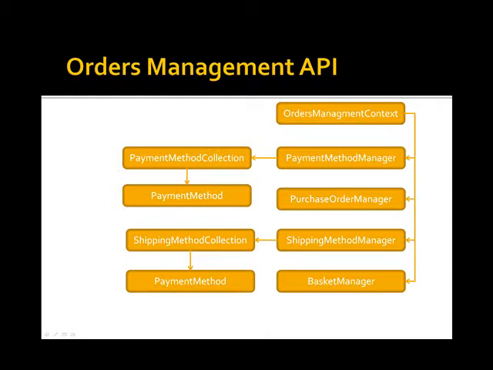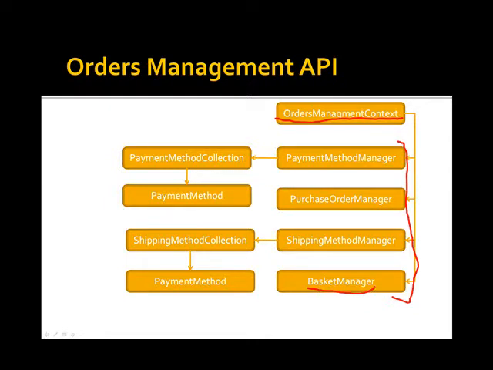The customer order manager uses the web services to interact with these objects. So as before, you need to create a context, and then from this context you can access one of these managers.